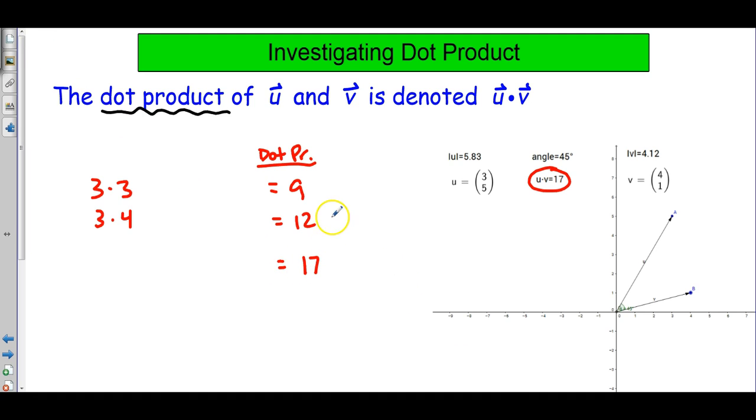If you notice what's happening, in the previous one the product of our x components was giving us the dot product. Now that's not necessarily the case, because I've got my 3 times 4, the product of my x components, but we've increased by 5.